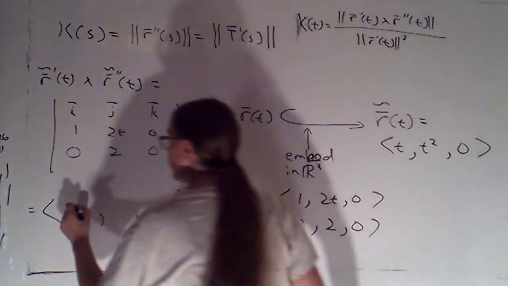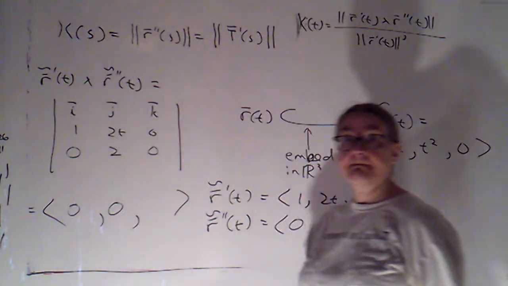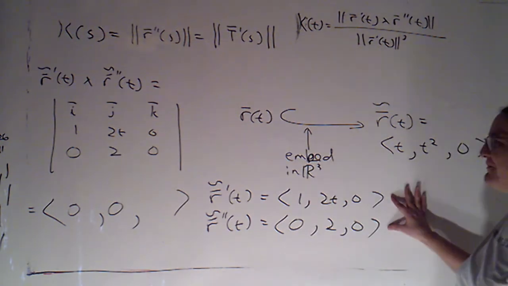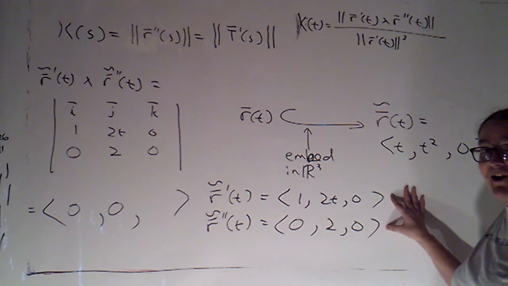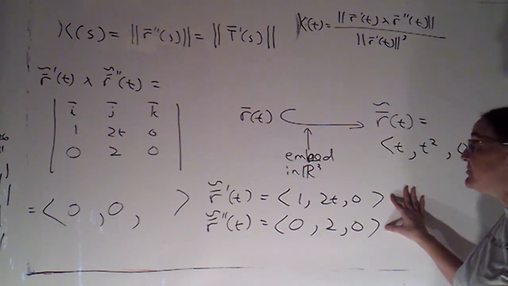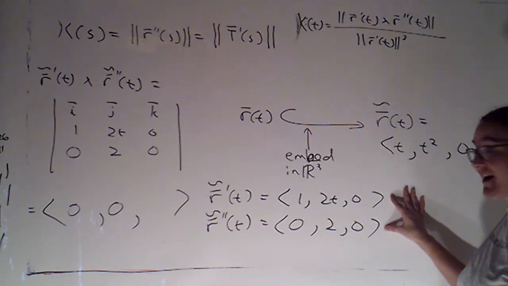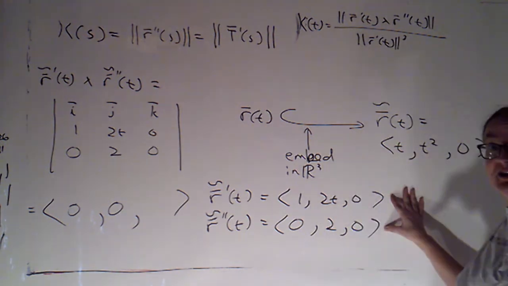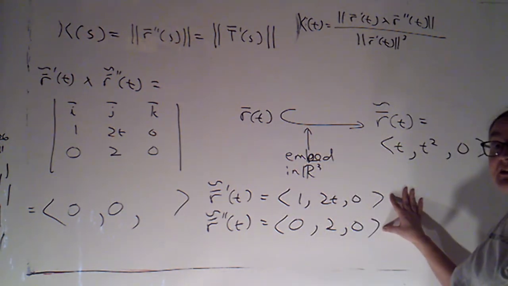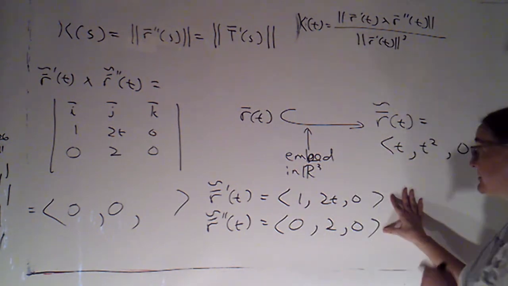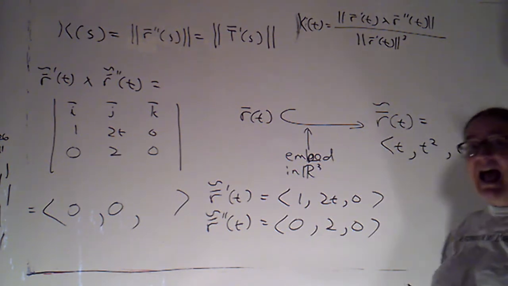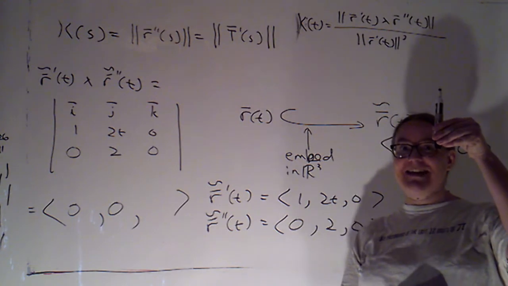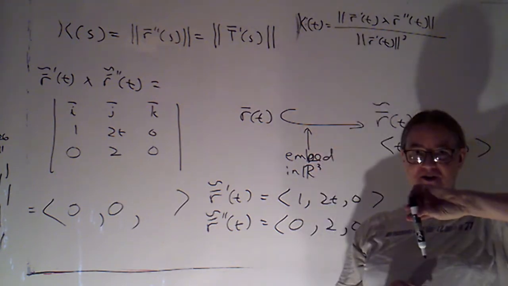The i's and j's should both be 0. I know that because both of these vectors are in the xy plane, so their cross product has to be mutually orthogonal to these 2 vectors. They're not parallel to each other. Anything that's mutually orthogonal to 2 non-zero vectors that are not parallel to each other in the xy plane has to point in the direction of the z-axis, either straight up or straight down.